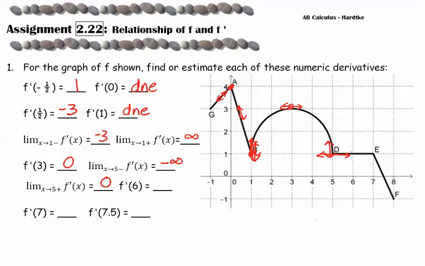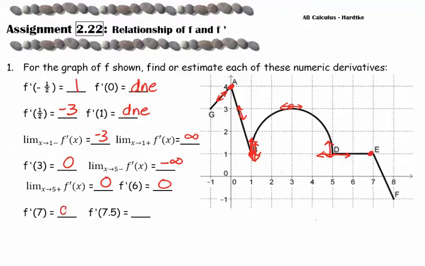F prime of 6, we are in that same horizontal section, so another 0. But at 7, the overall derivative doesn't exist. The left-hand limit would be 0, and the right-hand limit appears to be -2.